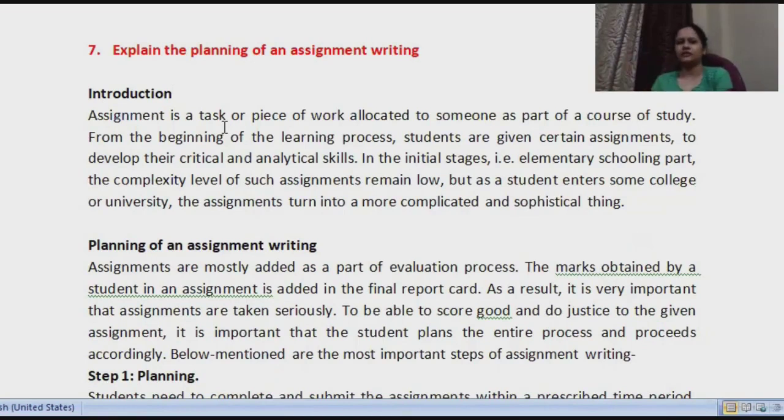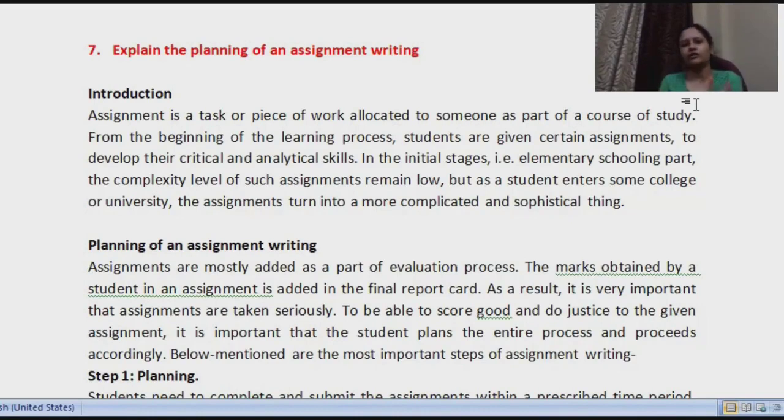So it can be one task also, like science assignment and all that stuff we get, right? Assignment is a task or a piece of work. Like in your case, you were asked to write on what is obiter dicta, right? So it was piece of work that you had to submit. Allocated one as part of a course of study.